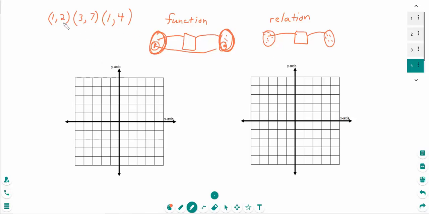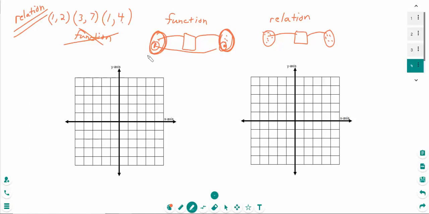Remember I said this is not a function then, right? Because the 1 produces a 2, but the 1 also produces a 4. Then it's not a function. Okay, it's a relation, but it is not a function.